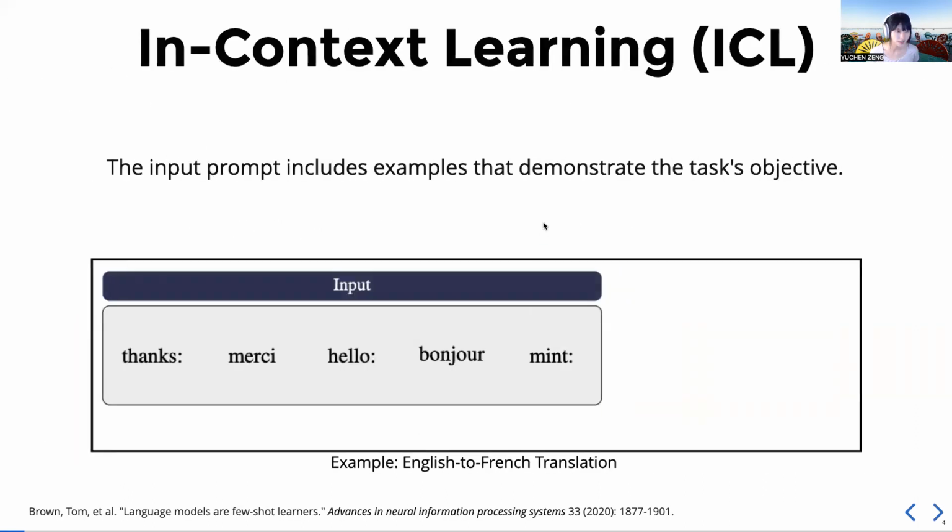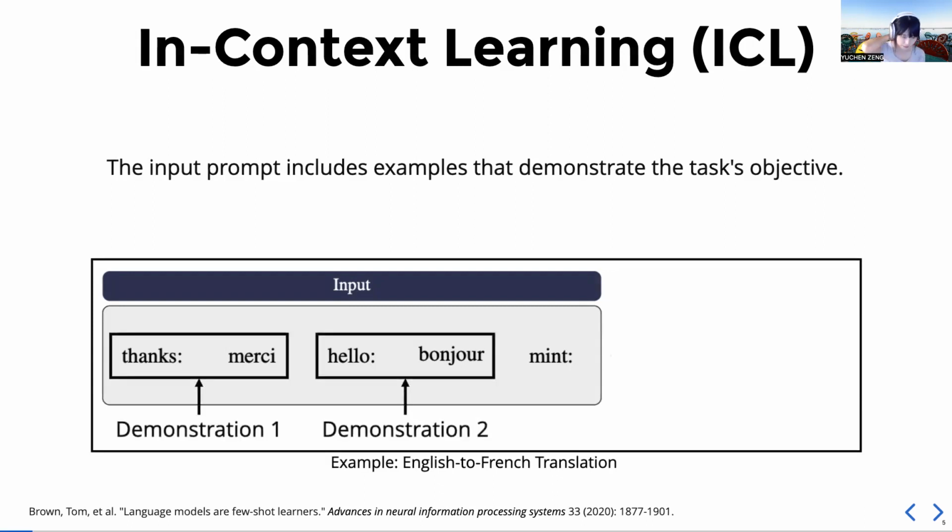I will start by introducing what in-context learning is, even though I know it is already very familiar to most of you. A large language model takes an input prompt and knows how to complete the sequence or answer the questions. In-context learning is just a model adaptation method that includes some examples demonstrating the downstream task objective.